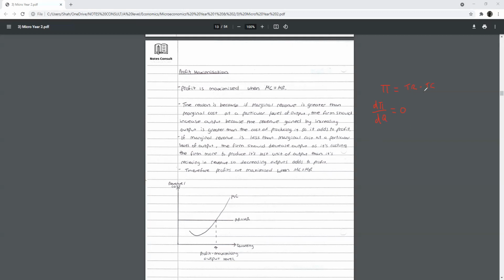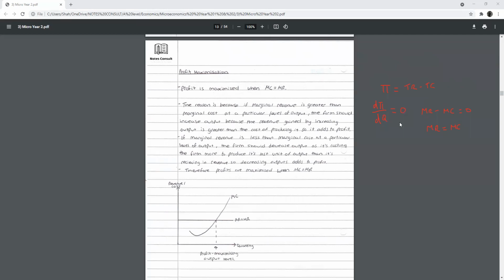And in economics, whenever you differentiate some total revenue or total cost or total anything, you get the marginal revenue and the marginal cost. So what you'll have is that you get the marginal revenue minus the marginal cost is equal to 0. Then you just rearrange to get that marginal revenue equals marginal cost, and that's your profit maximization formula. Okay? But you don't need to know that. It's just for your understanding of where it actually comes from.